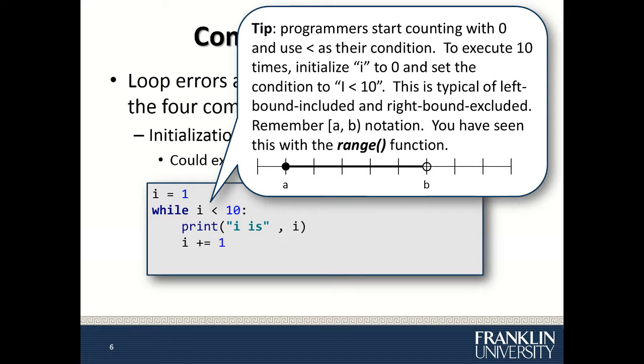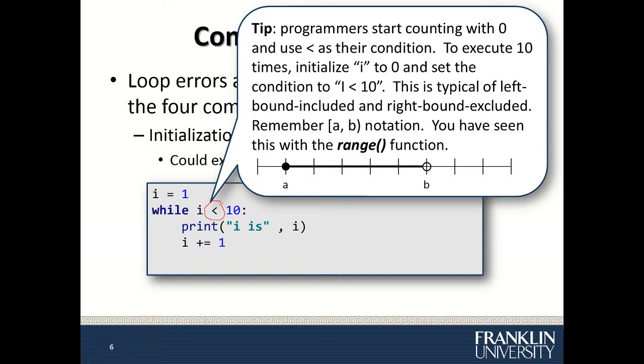You will see, and you might already have seen in some of the samples that I did, that the condition will be using a less than condition. Programmers like to start counting with 0, and there's a good reason for that, and for using less than as a comparison.